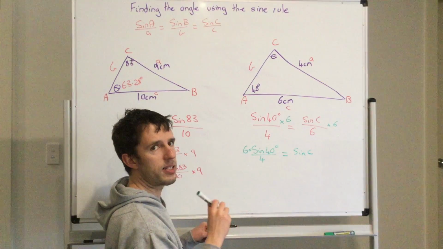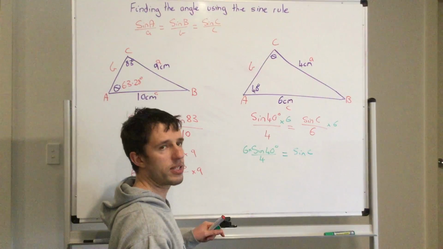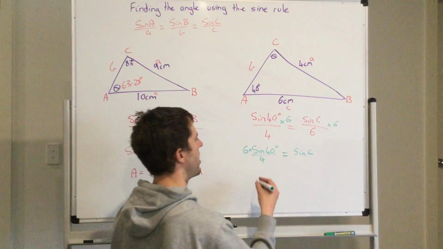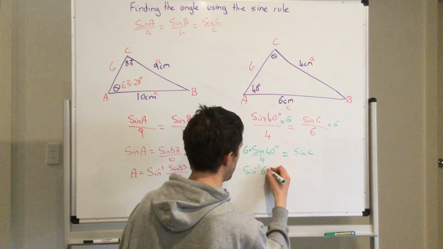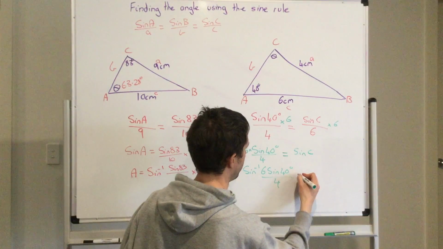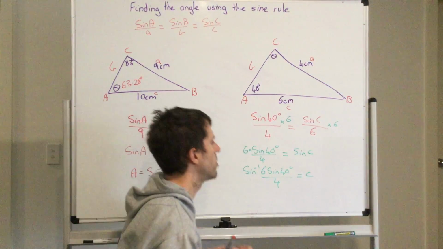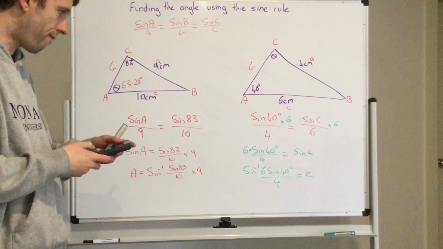I want C to be by itself. To make C by itself, I take sine to the other side and it becomes sine negative 1. So sine negative 1 of 6 sine 40 degrees over 4 equals C. Now all I need to do is fill that in.